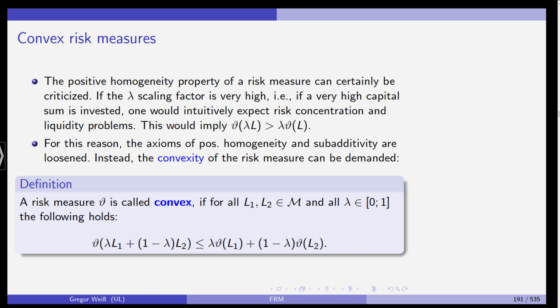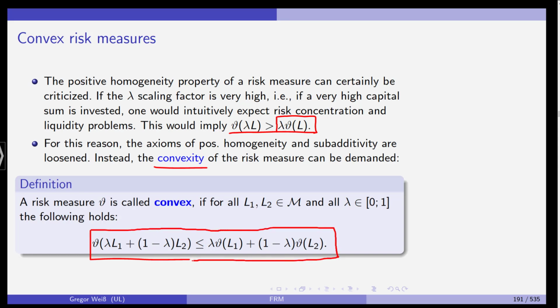So in some cases, if you buy lambda times the stock, then the risk should be higher than the initial investment. And this is done by looking at so-called convex risk measures. It's called convex if for all risks L1 and L2, we have that mu of lambda L1 plus 1 minus lambda L2 is smaller or equal than the convex combination of the two. Then this is called a convex risk measure.